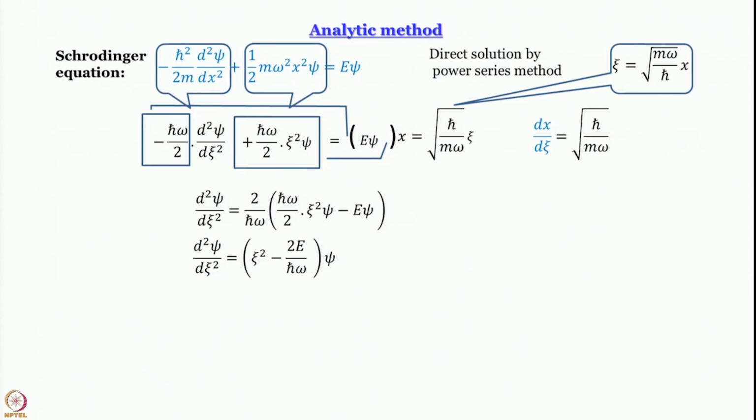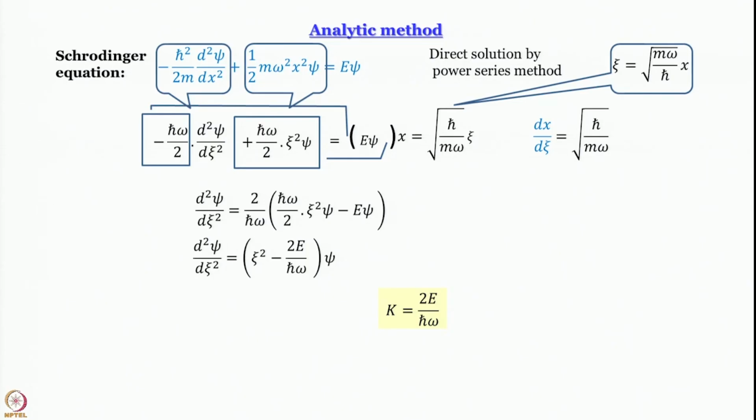But I would like to draw your attention to this E by h cross omega once again. What is this? E is energy and h cross omega is the energy of each quantum. So, it is a number of quanta of energy, is it not? So, we are going to write it as k equal to 2E divided by h cross omega. So, k essentially is twice the number of quanta of energy that is there.